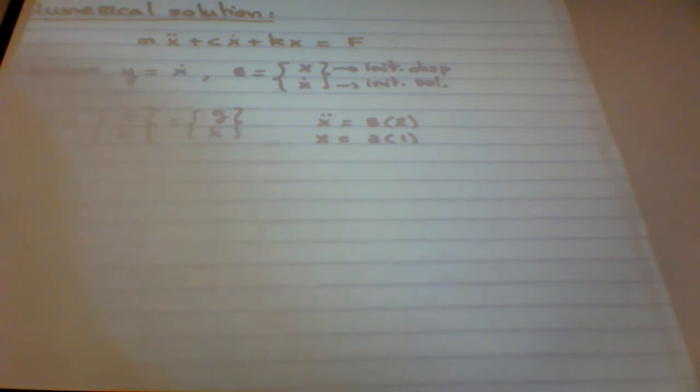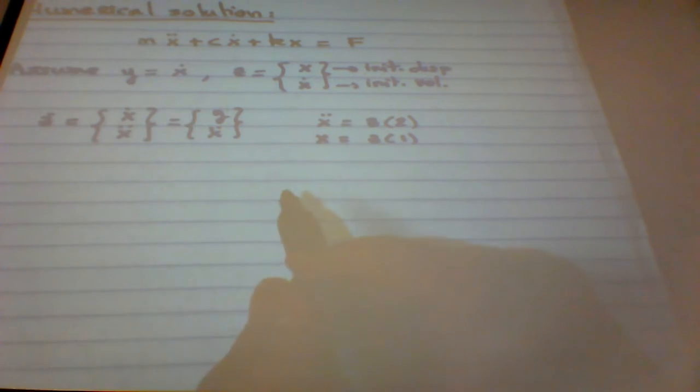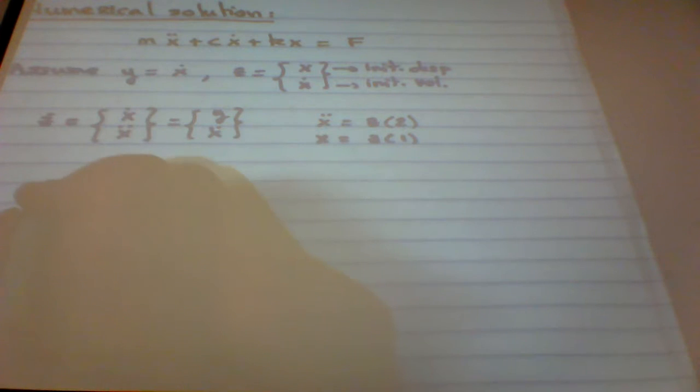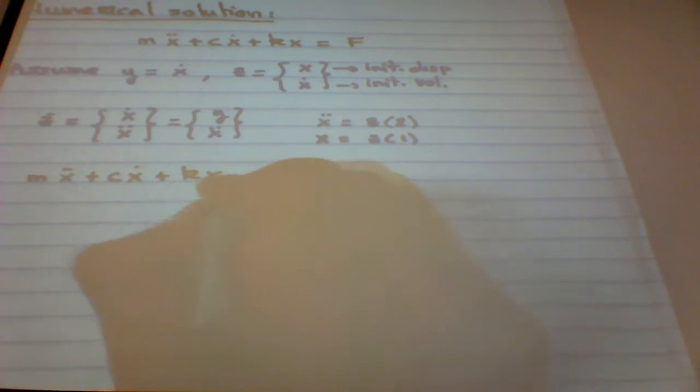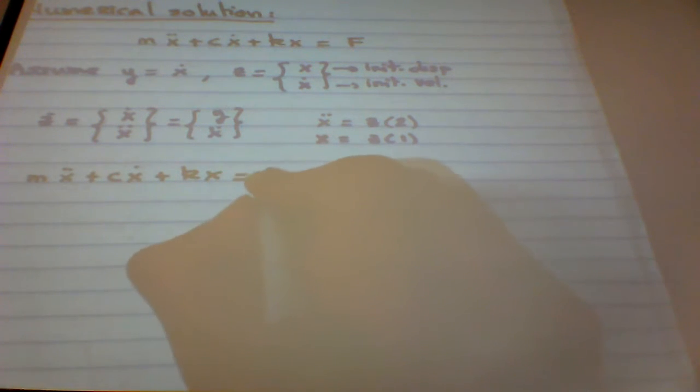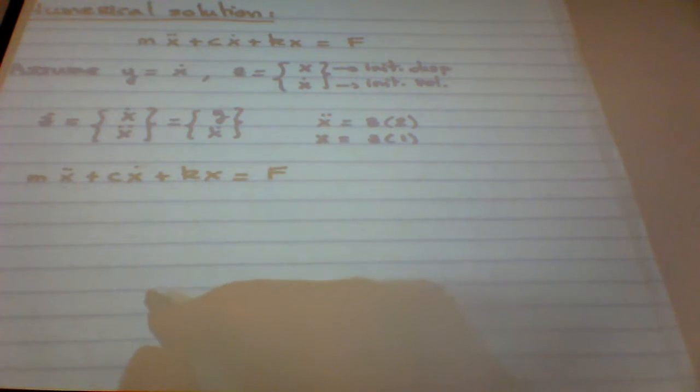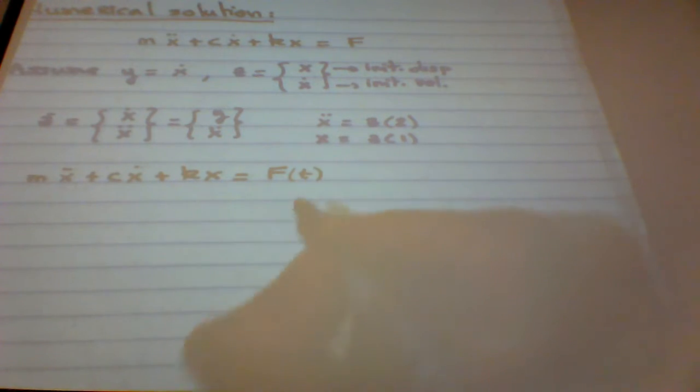Okay, so we take the equation and we do the same process as before. We have m x double dot plus c x dot plus k x, but this time what is the difference? That this side, instead of being 0, is equal to f, and this is a function of time.